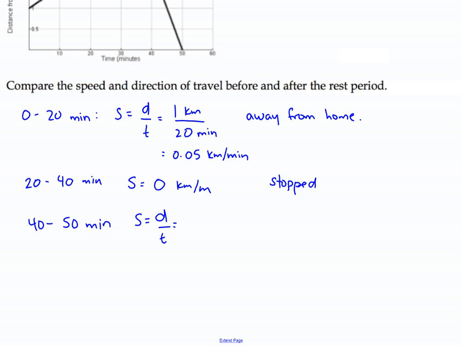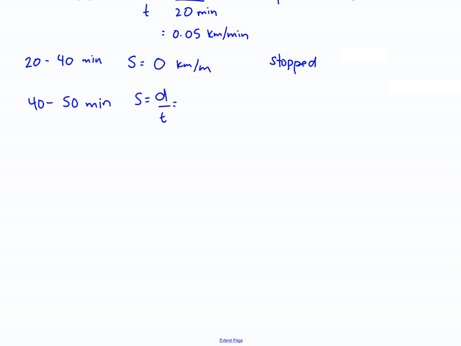How far did he travel there? 2 kilometers. And in how long? 10 minutes, which is 0.2 kilometers per minute. And what direction is he moving? Towards home.